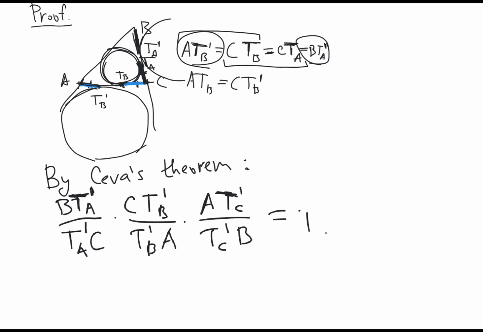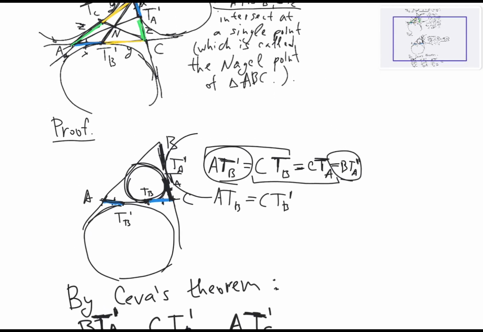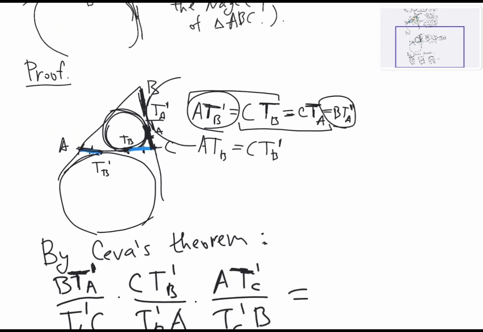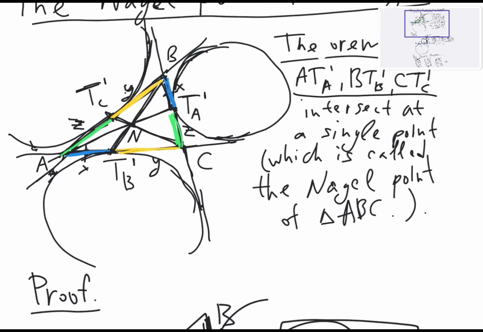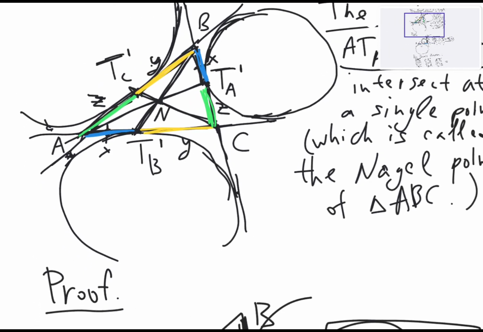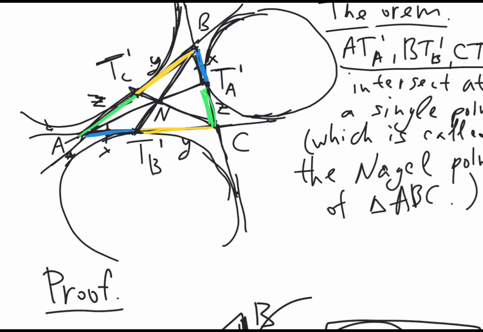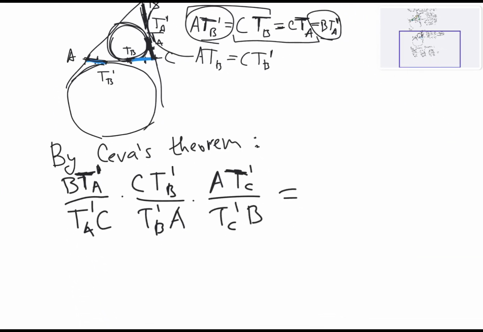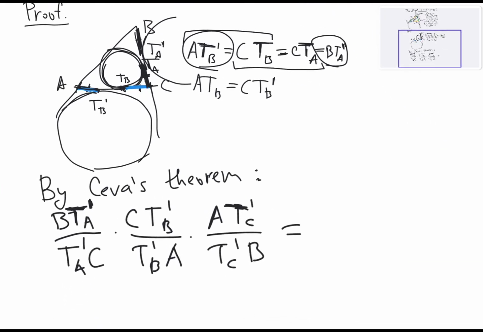So what is this actually equal to? I proved Ceva's theorem in one of the previous videos. BTA prime is x, this blue segment, then TA prime C is z. So basically I replace all these segments with letters. So x over z.